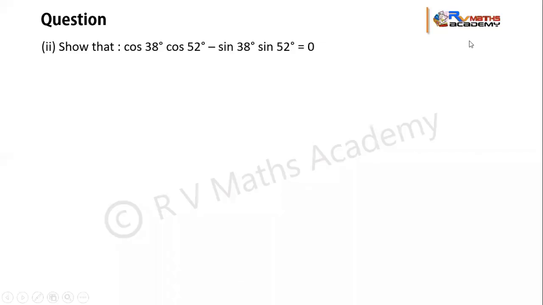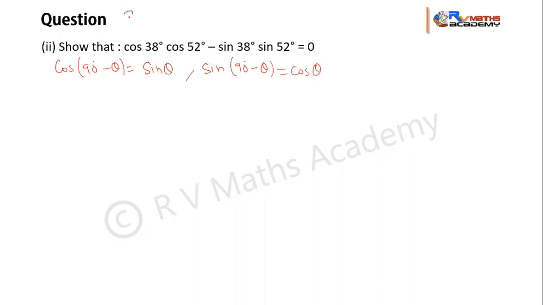Now in this question we have to prove cos 38 degree cos 52 degree minus sin 38 degree sin 52 degree is equal to 0. So first we will write the formula. We know that cos 90 degree minus theta is equal to sin theta, and sin 90 degree minus theta is equal to cos theta.